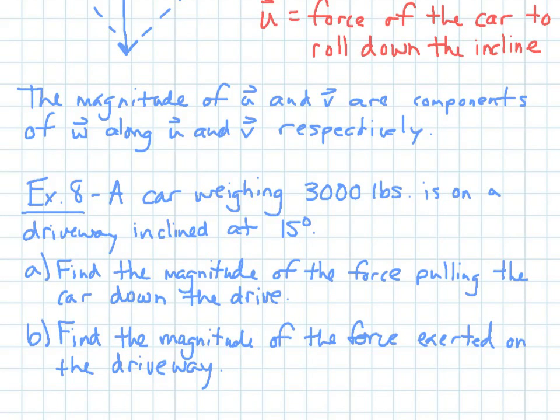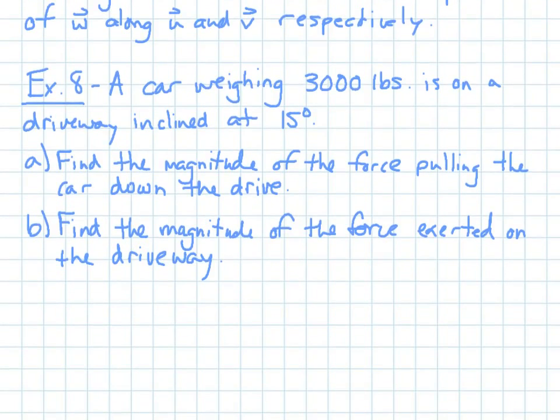Okay. So example 8 says a car weighing 3,000 pounds is on a driveway incline at 15 degrees. Find the magnitude of the force pulling the car down the drive, and then find the magnitude of the force exerted on the driveway.